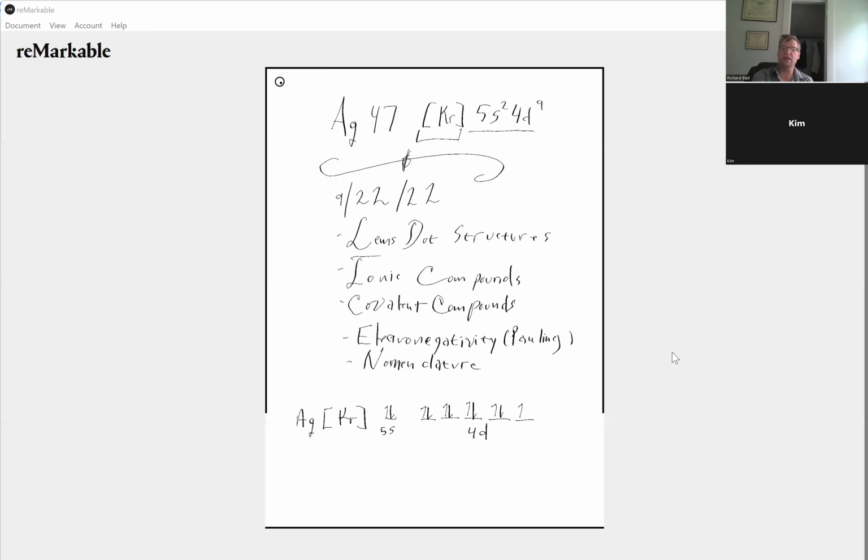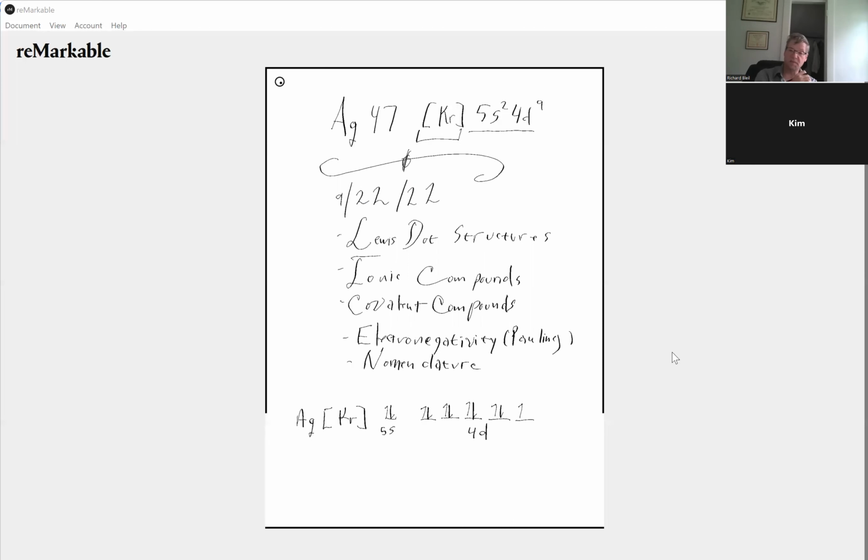When you start looking at the electronic configurations, and I'm just touching on it today, we probably will not revisit this later, but when we are looking at the electronic configurations of those transition metals, sometimes you can understand what it's doing in order to stabilize itself.